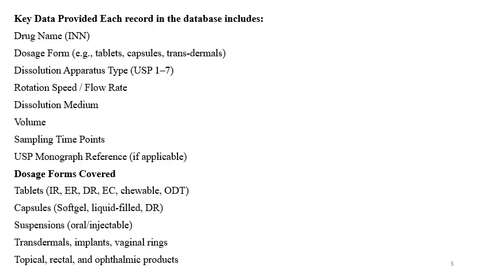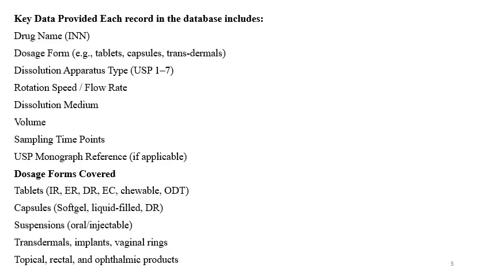If you visit this database and see that the USP monograph reference is given, that means the method or the parameters are already available in the USP. So directly you can go to the USP and check in the monograph.